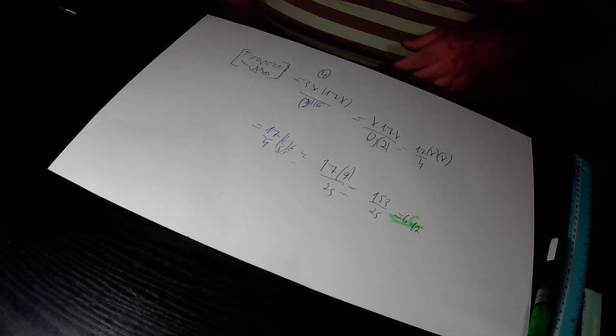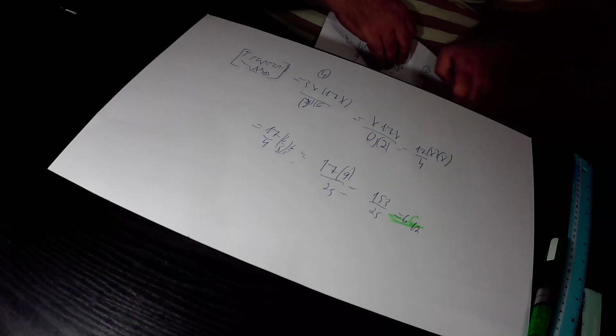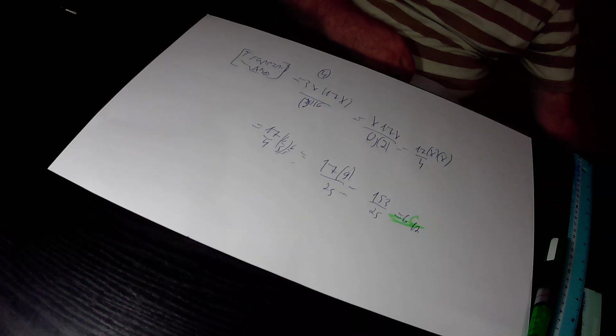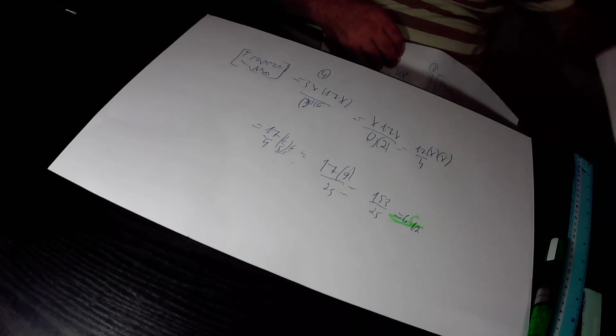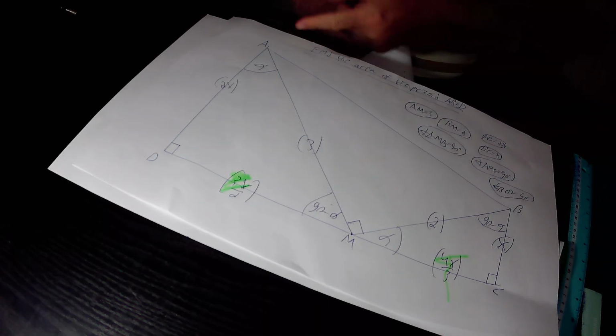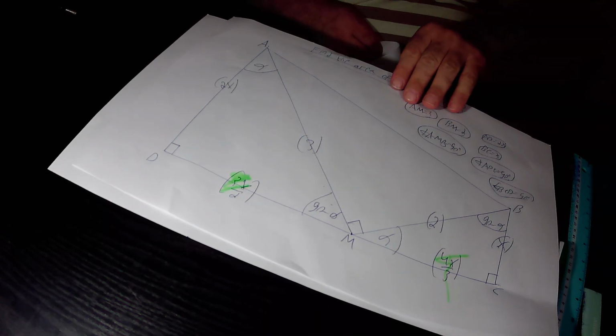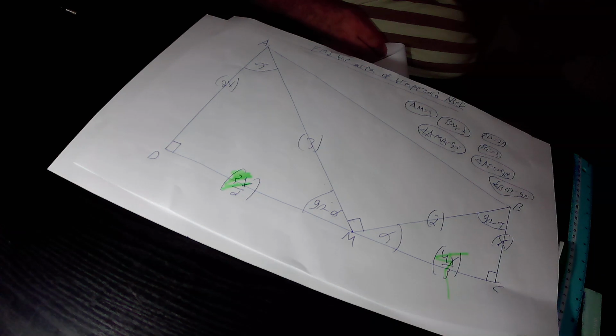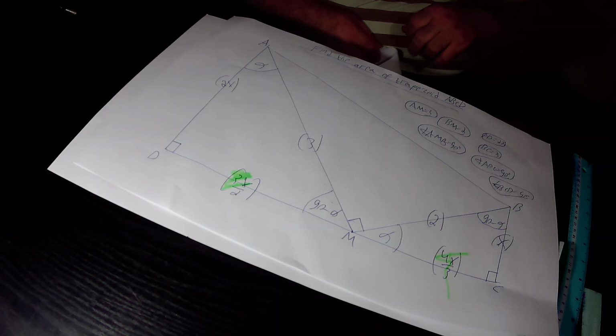So the area of this trapezoid ABCD is 153 over 25 square meters, or in decimal terms, 6.12 square meters. Okay, thank you very much.